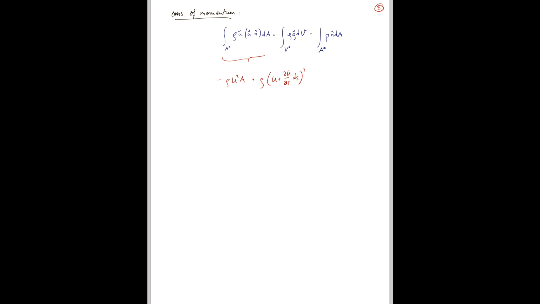We have an extra u term here, otherwise the integral doesn't change, and the area of the outlet is as before. So this is the left-hand side.